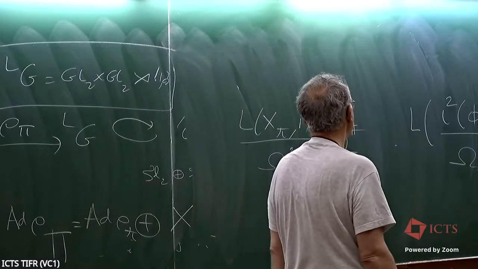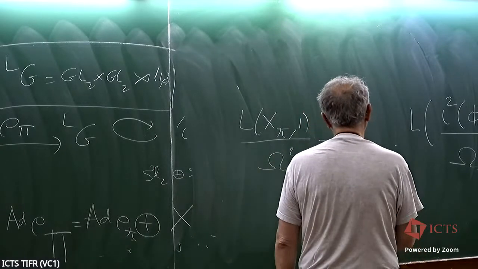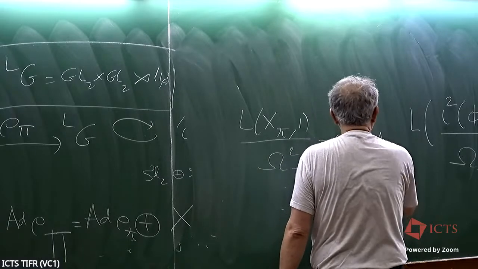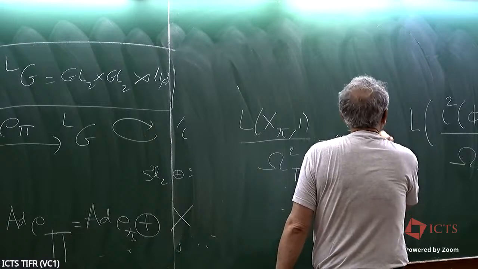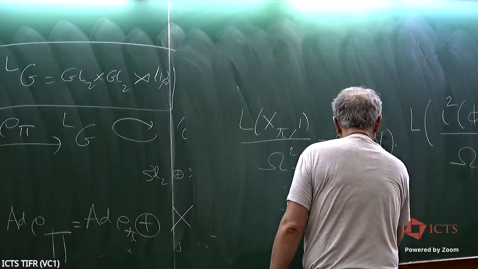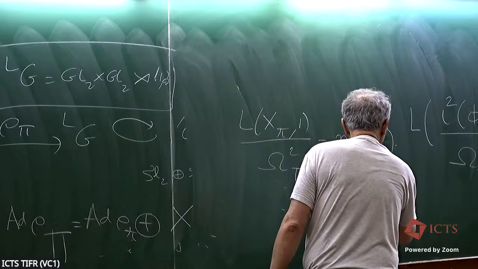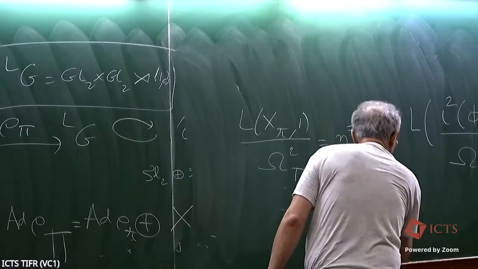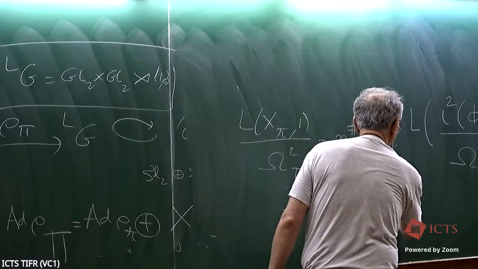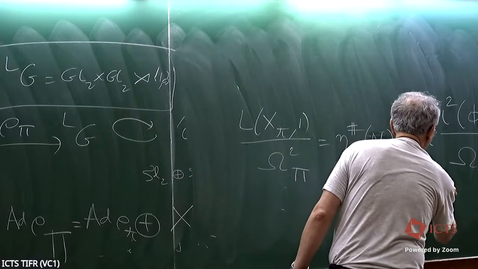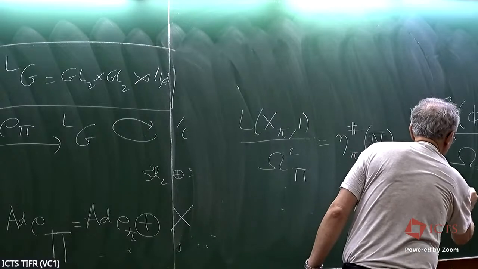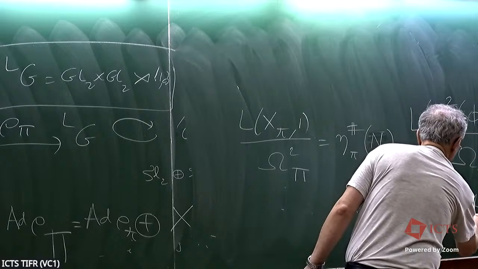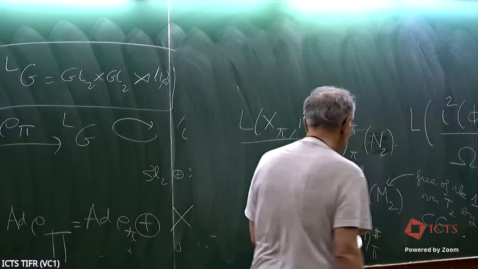So this requires the theorem of Calegari-Geraghty, because a priori what you get is eta pi of M2, which is eta pi of M2 by duality, but this is eta pi sharp because this is free, and that's a theorem of Calegari, free of rank 1 over T2, Calegari-Geraghty.